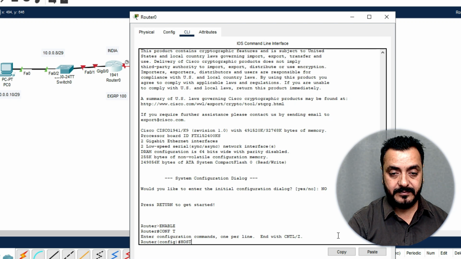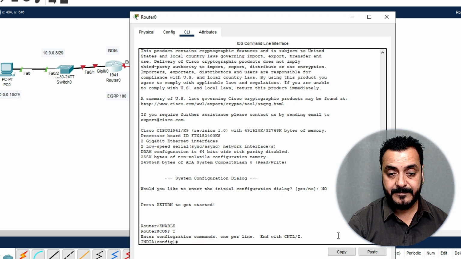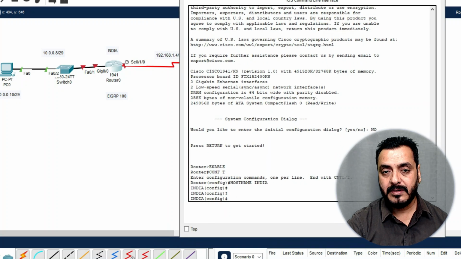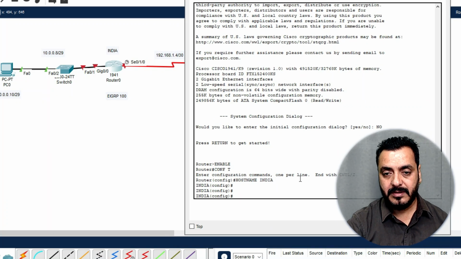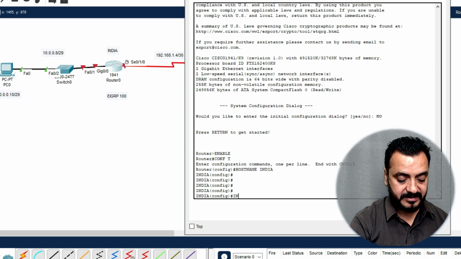Here we can change its host name to India for recognition purpose. Now it becomes India. Now we have to configure the IP addresses to the interfaces of the router.